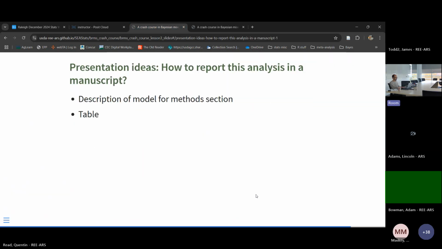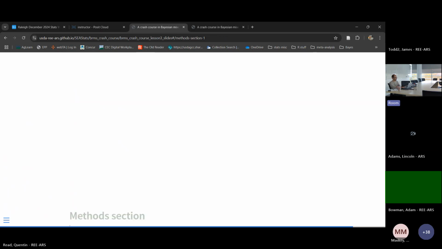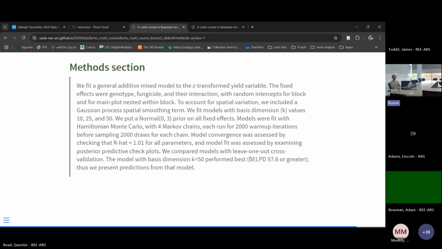And lastly, again, what would we write in the methods here? I didn't put results because I think you've had enough of that for today, but this is how I would describe the methods. Again, you'd want to talk about the model.